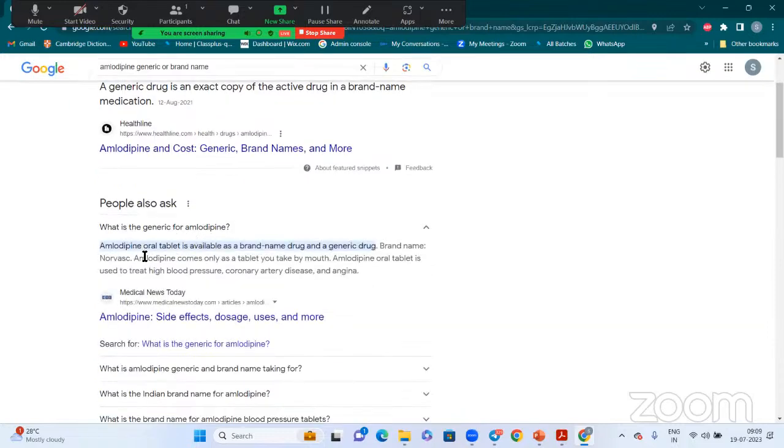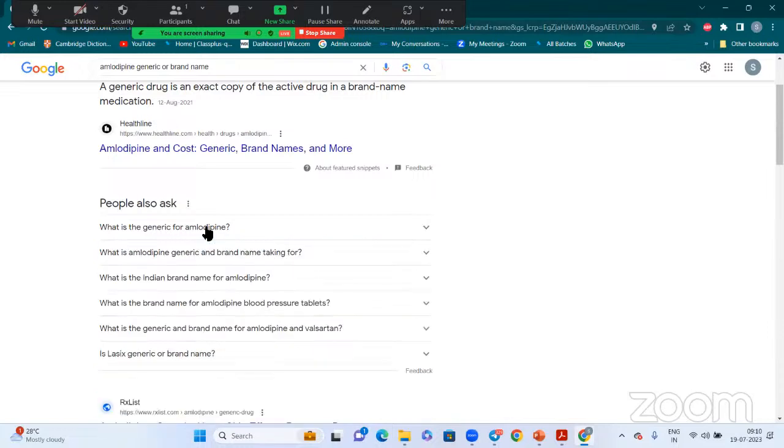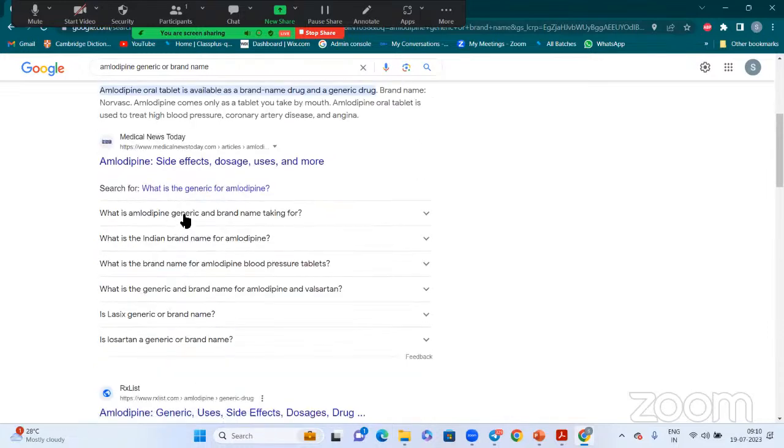What is the generic name? Amlodipine oral tablet is available as a brand name drug and a generic drug, both. Brand name is Norvasc. Amlodipine is a generic name.